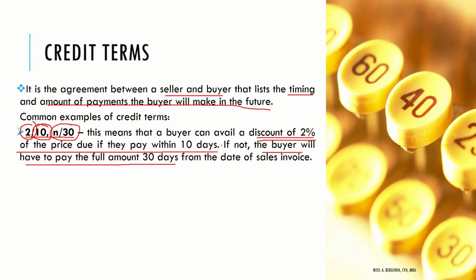So 30 days after nung particular sales natin, then that's the due date of the full amount. Okay? So, eventually nga, makakakuha po ng cash discount si customer. On our perspective as a seller, we will give cash discount if the customer will pay within 10 days. Okay? And 2% in discount.